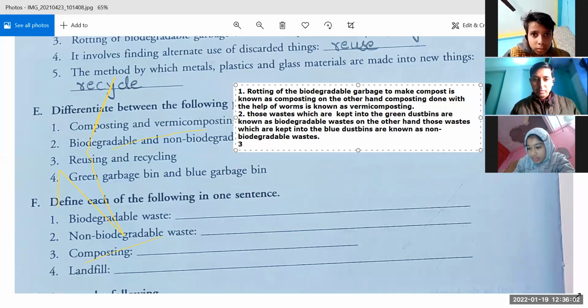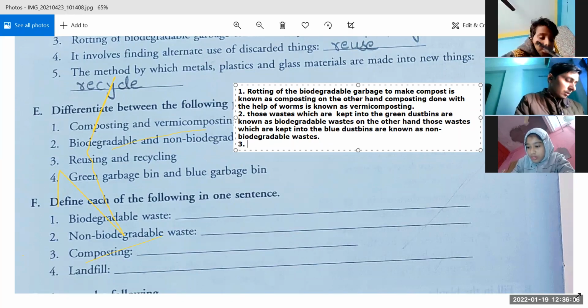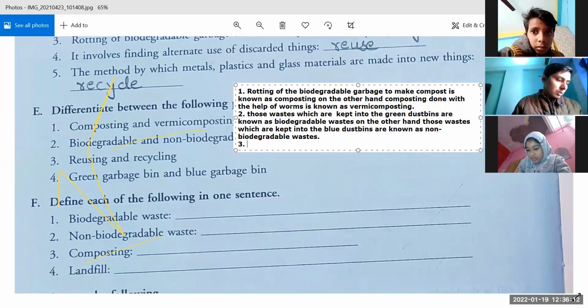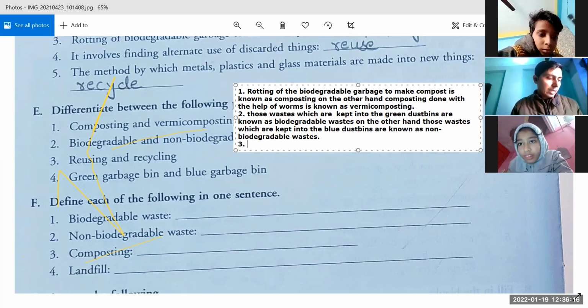Number 3, we have reusing and recycling. The recycling answer is given at page number 129.